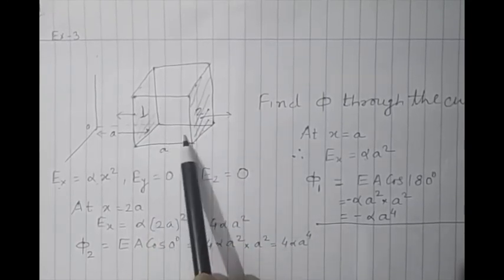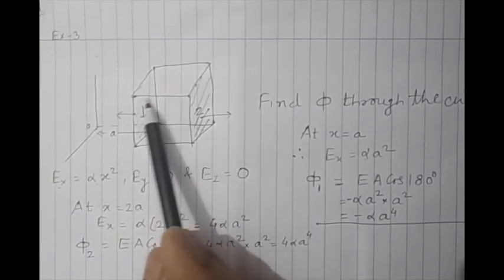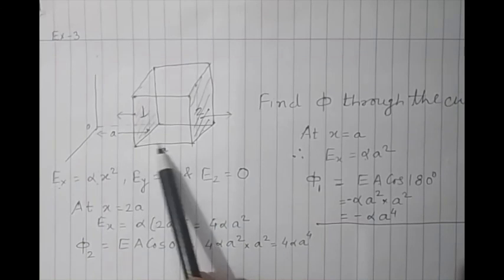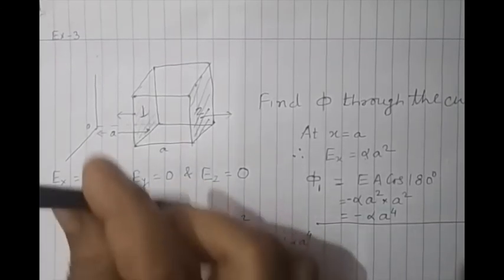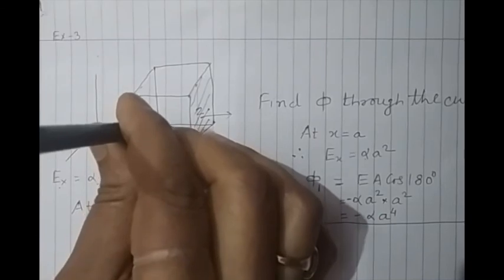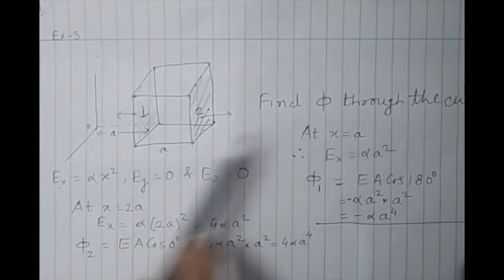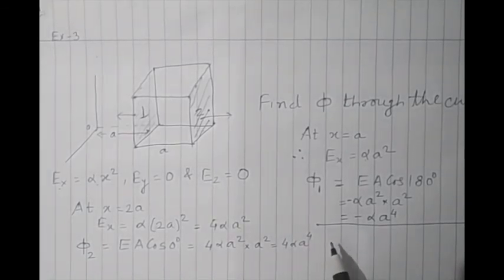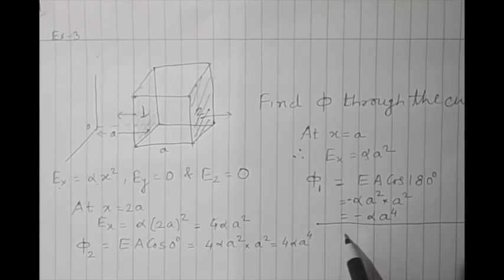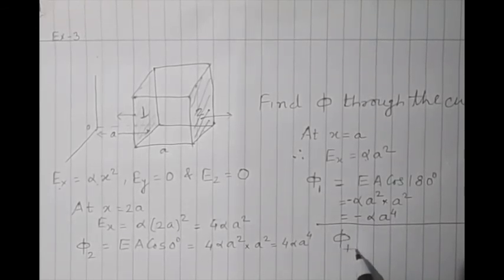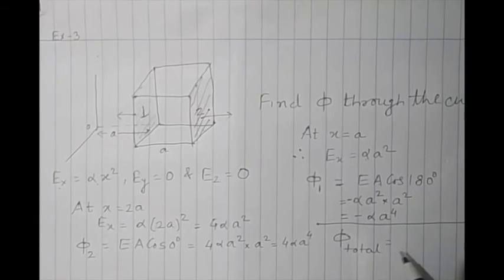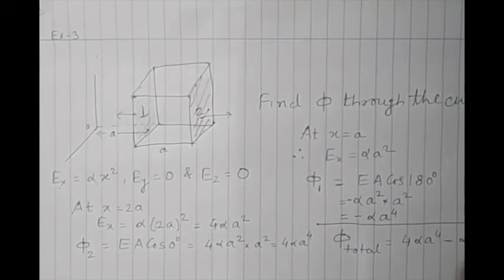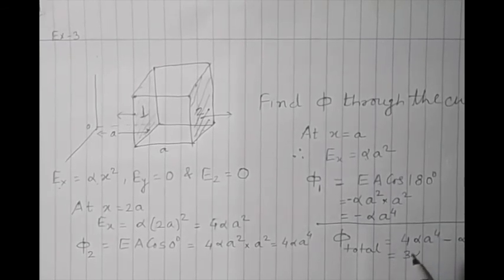Flux through this surface is also equal to 0. Flux through this front surface is also equal to 0, as area vector is in this direction and electric field is along the x direction. So electric flux through all other surfaces is equal to 0, and the total electric flux through the cube, phi total, is equal to 4 alpha a to the power 4 minus alpha a to the power 4, that is 3 alpha a to the power 4.